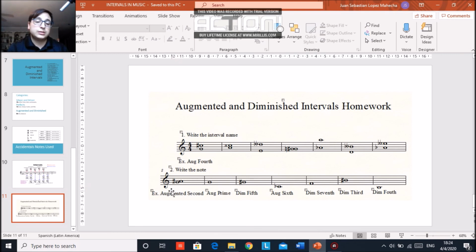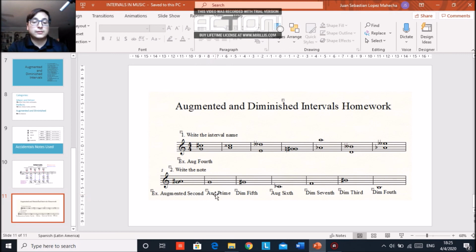From G to A we will have an augmented. Okay, let's count: G, A flat, A natural. G, A flat is going to be a minor second. G and A natural, major second. And if we go beyond that, G and A sharp is going to be augmented. You will have just to count.